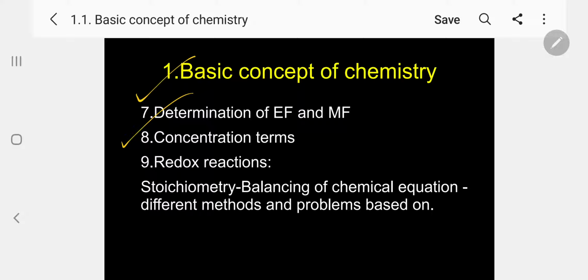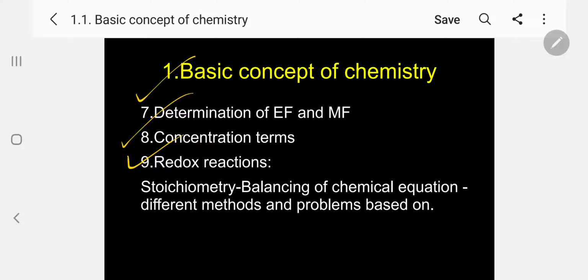Number 8, concentration terms. Number 9, redox reaction. Here I want to give one important piece of information. Redox reaction was given as a separate unit under unit 8. But because it is coming under the basic concept of chemistry, I included it under the basic concept.